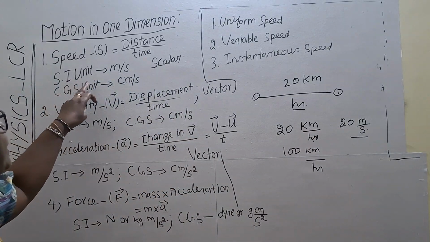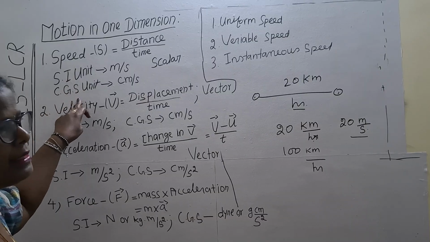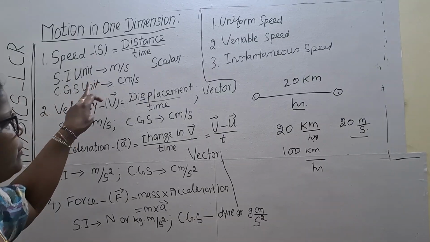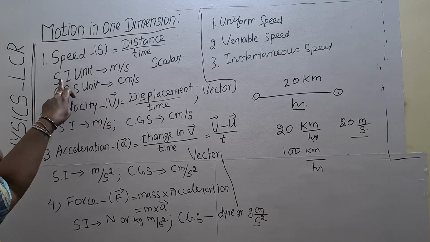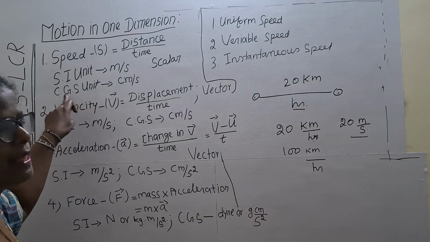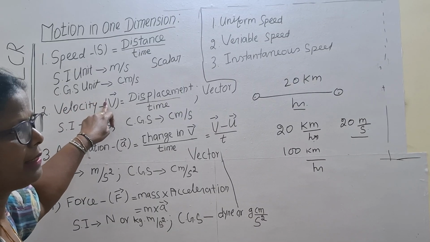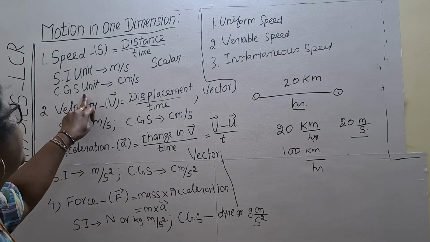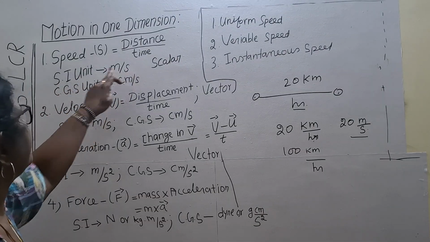Here, SI unit and C.G.S unit. SI unit is a bigger unit, C.G.S is a smaller unit. SI is the international standard unit. C.G.S is centimeter gram second. In lower classes we already studied these units. The SI unit of speed is meter per second.